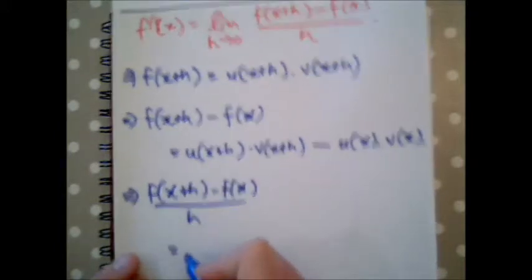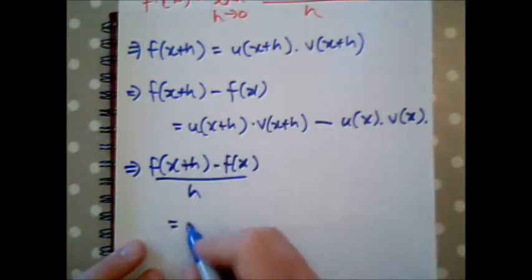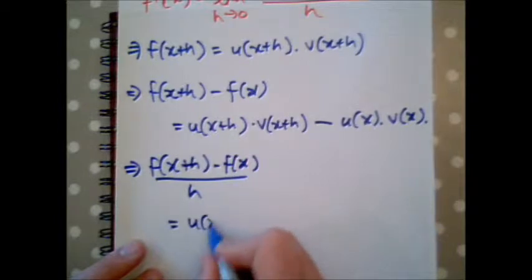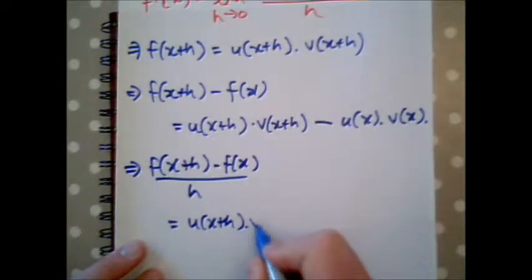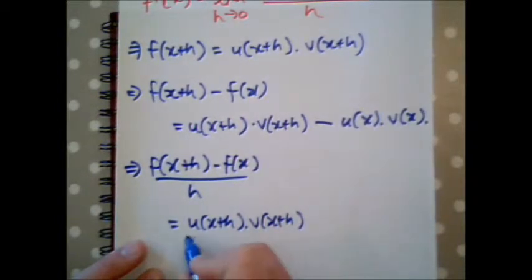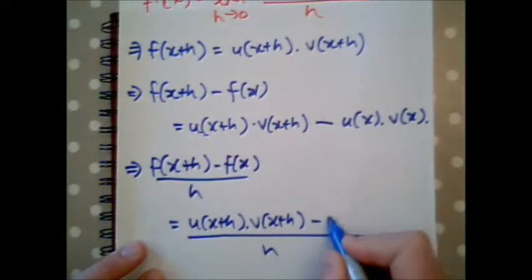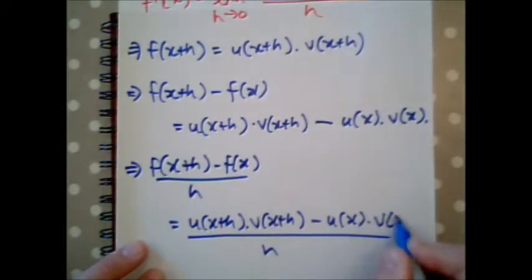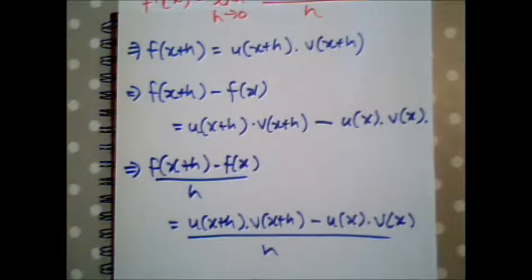We'll probably keep these separate. So let's get u of x plus h times v of x plus h. Or maybe we'll leave them as they are for now, and we'll separate them out in a minute. Alright, so that's what we get. And the very last thing we have to do is take the limit of that as h goes to 0.